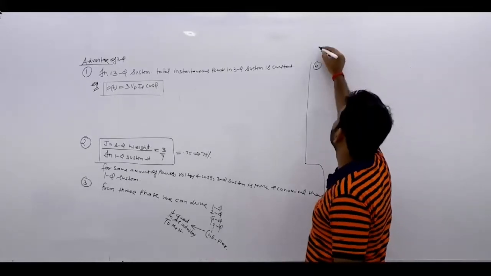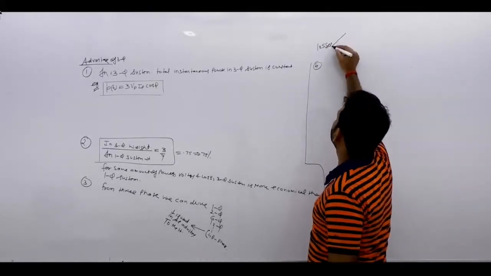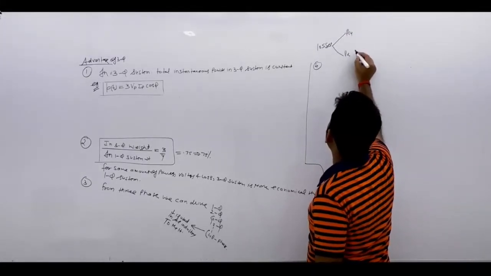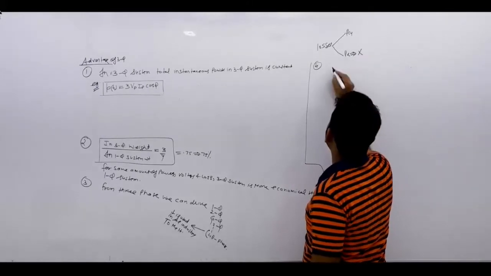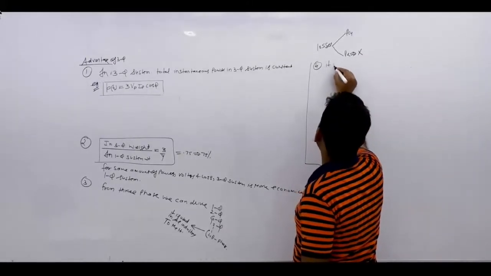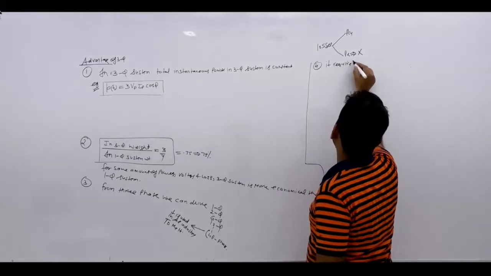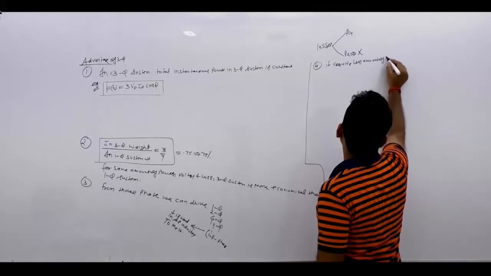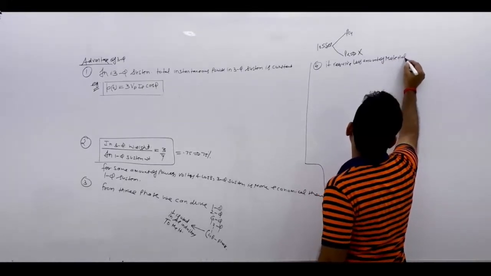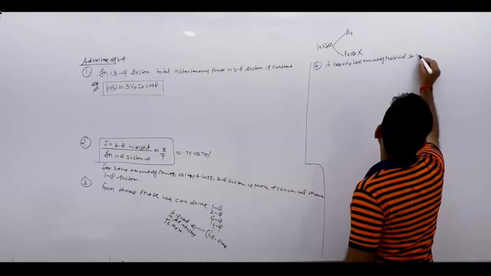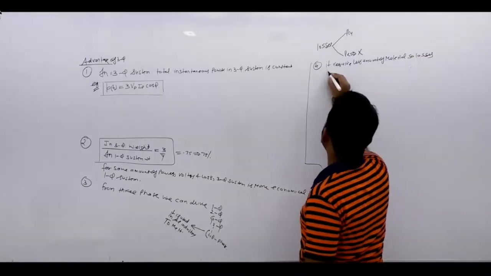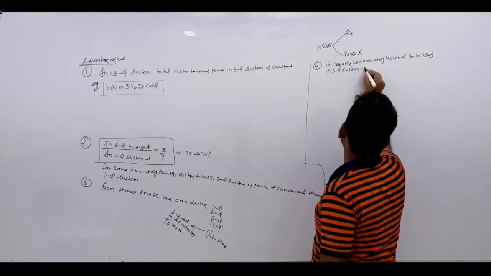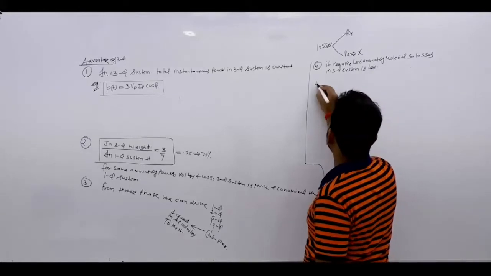So losses are of two types: copper losses, PCU, and P iron. So material is less now, so less losses. So since it requires less amount of material, losses in three-phase system are less. Okay, this is the fourth point.